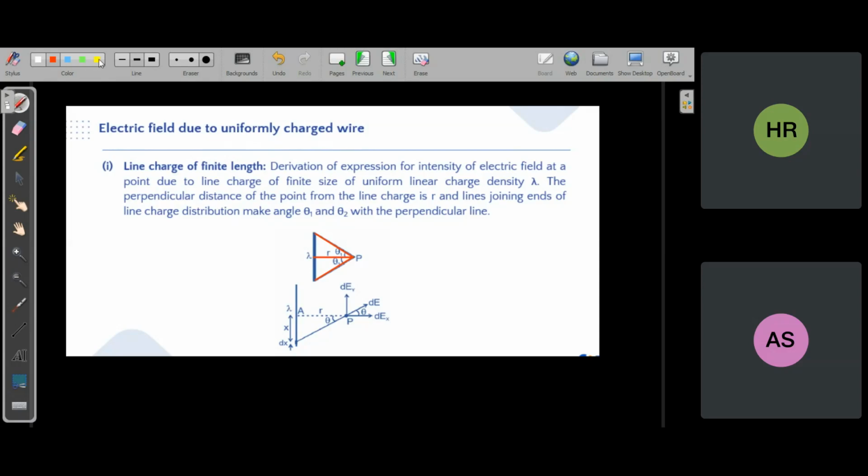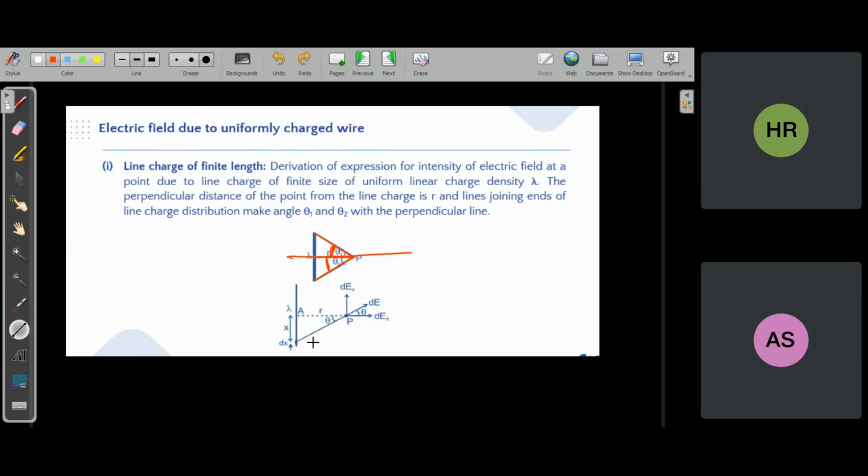And then you see the angle made by this line with the perpendicular, theta 1, theta 2. And now you will go with respect to this perpendicular line at any angle theta, and there you will choose an element of some dx length. It is at some distance x from here.